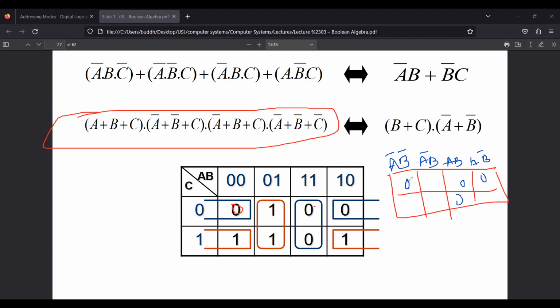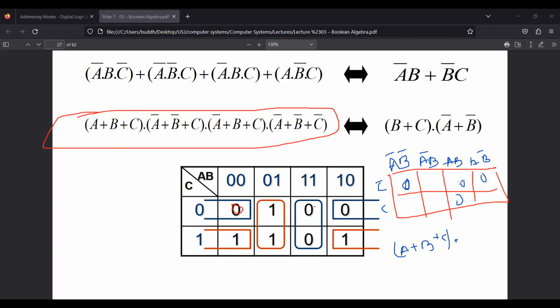So A bar B bar, we got 0; A B, 0; 0; and this one. Here it is C bar and C. So what this 0 means, it should be A plus B plus C. This is the first part of our expression.